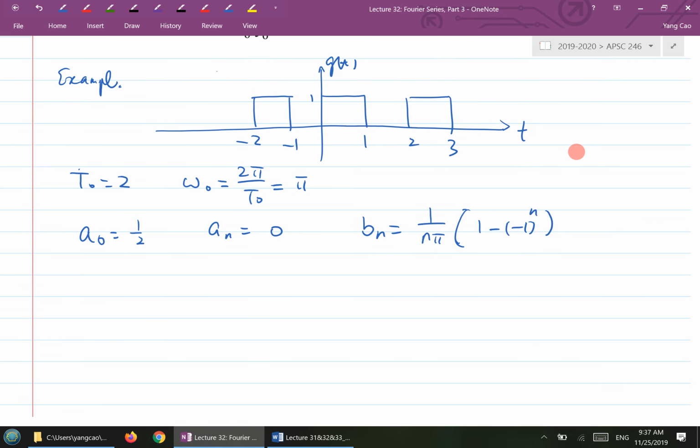Now from here, I want to introduce a different format for the Fourier series, which is called the compact form of the Fourier series. Let me rewrite the formula for the Fourier series.